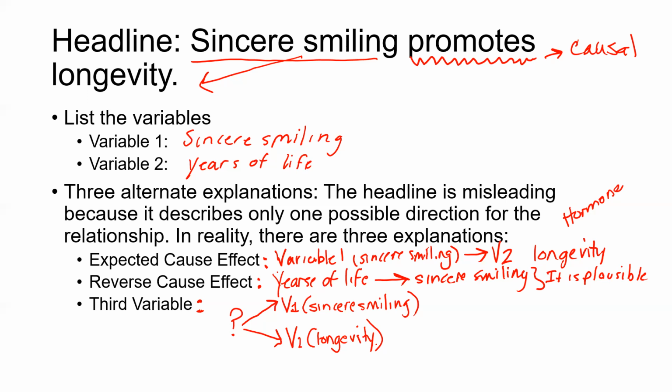If a person is overall healthy, maybe they both smile more because they're more relaxed and they live longer. I like that answer. And someone else said happiness. People do tend to have a set point for happiness. And so maybe happier people who are just by nature happier smile more sincerely and live longer.